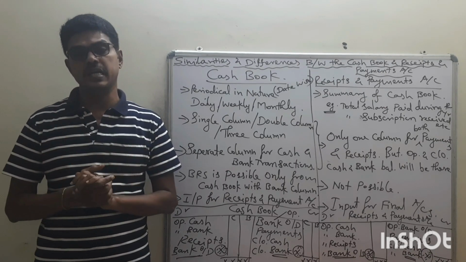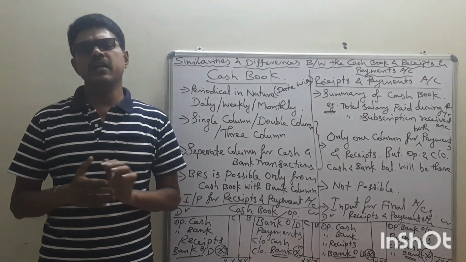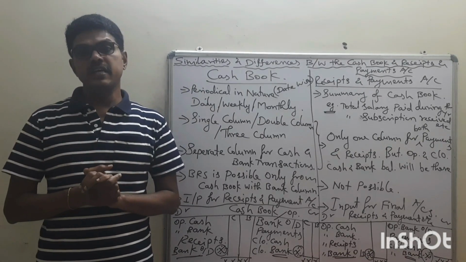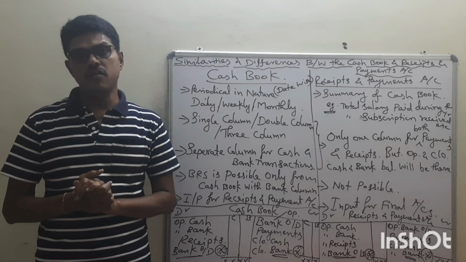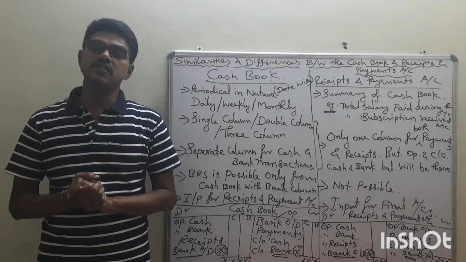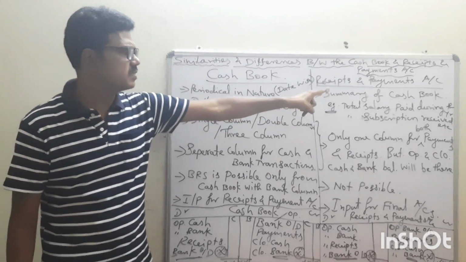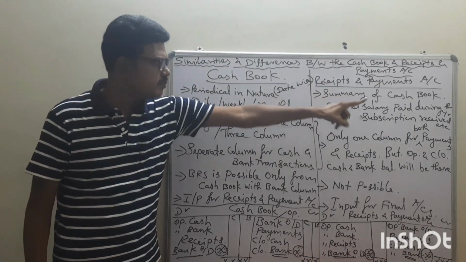But non-business organizations or not-for-profit organizations prepare or update the cash book whenever there is an inflow or outflow of cash, because the cash transactions will not be routine in nature there. Whereas the receipts and payments account is the summary of cash book.